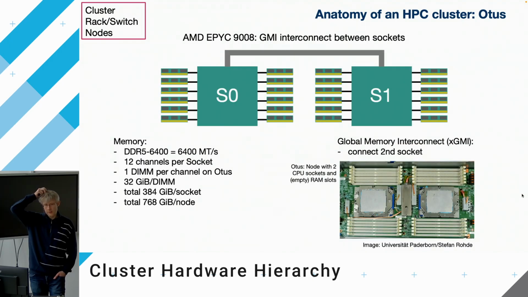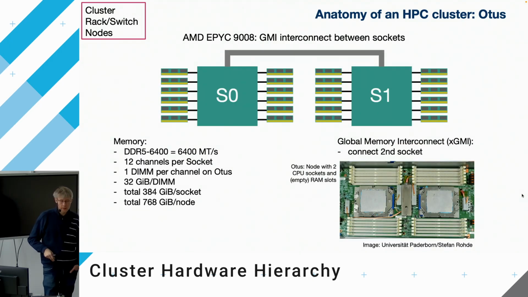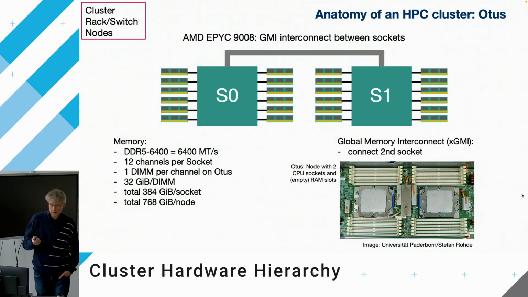Let's take a closer look at the memory, because this is quite important for computations. As we've seen, we have the two CPU sockets, and each CPU socket has 12 channels to memory, and behind each channel can be one or more DIMMs, therefore a little memory card that you can slide inside on the main board, as we see here.